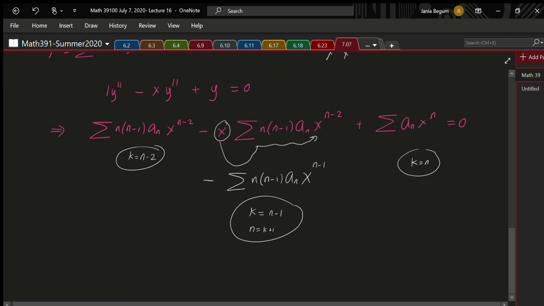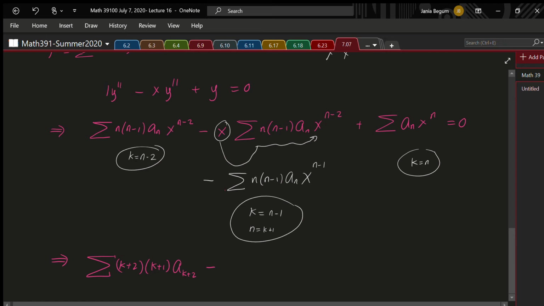Alright, so hopefully I don't have any more typos, but if I do, you guys let me know, okay? So we have the sum, ignoring the indexing. N is going to be k plus 2, and then we have k plus 1, a sub n, that's a sub k plus 2, x to the k. So they're all going to have x to the k, so I'm going to factor that out.